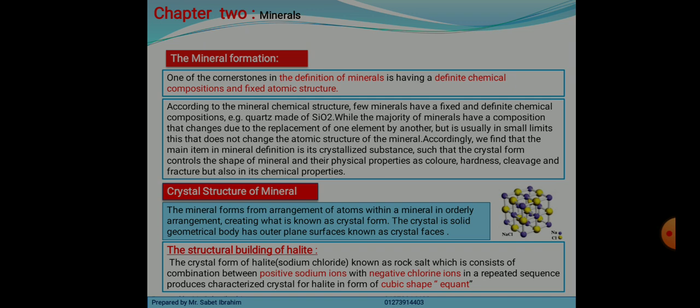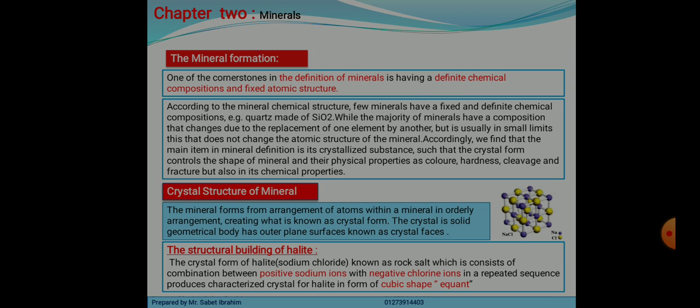If we look at the structural building of halite, the crystal form of halite is sodium chloride, known as rock salt, which consists of a combination of positive sodium ions with negative chlorine ions in a repeated sequence.